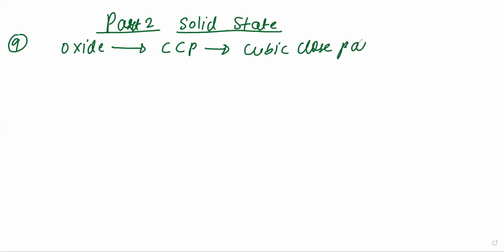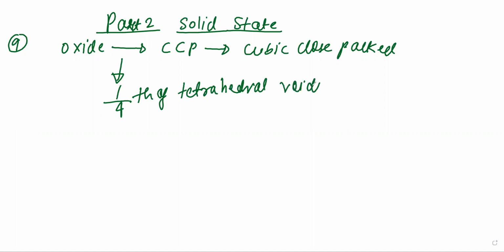The cubic unit cell of the mixed oxide is composed of oxide ions. One-fourth of the tetrahedral voids are occupied by a divalent metal.